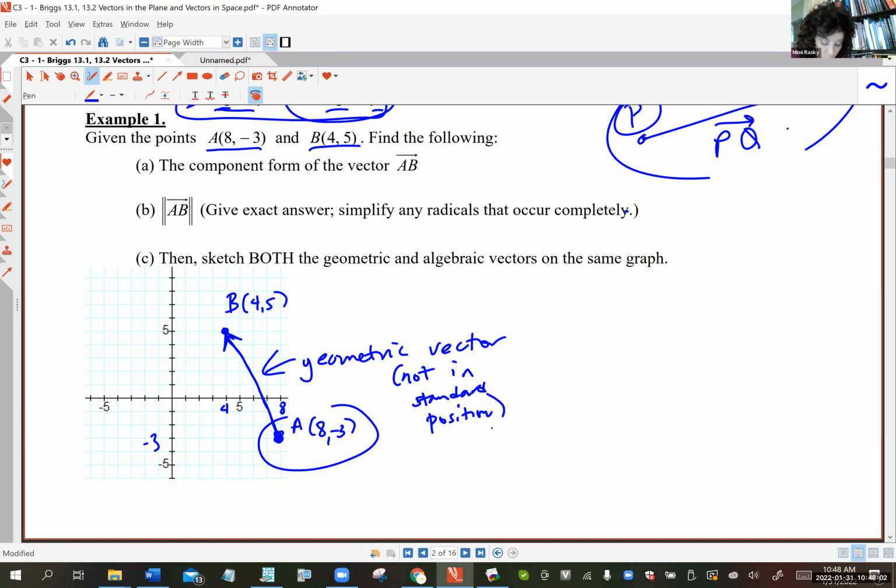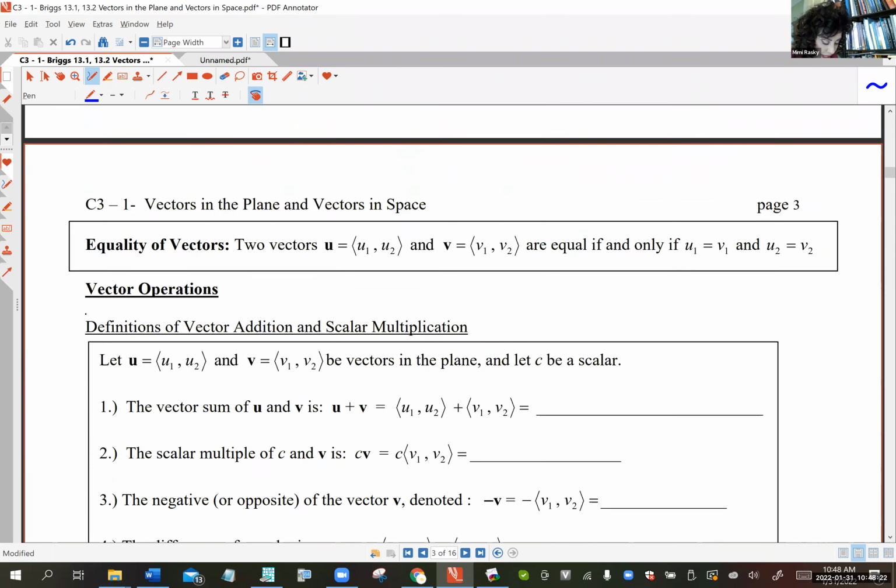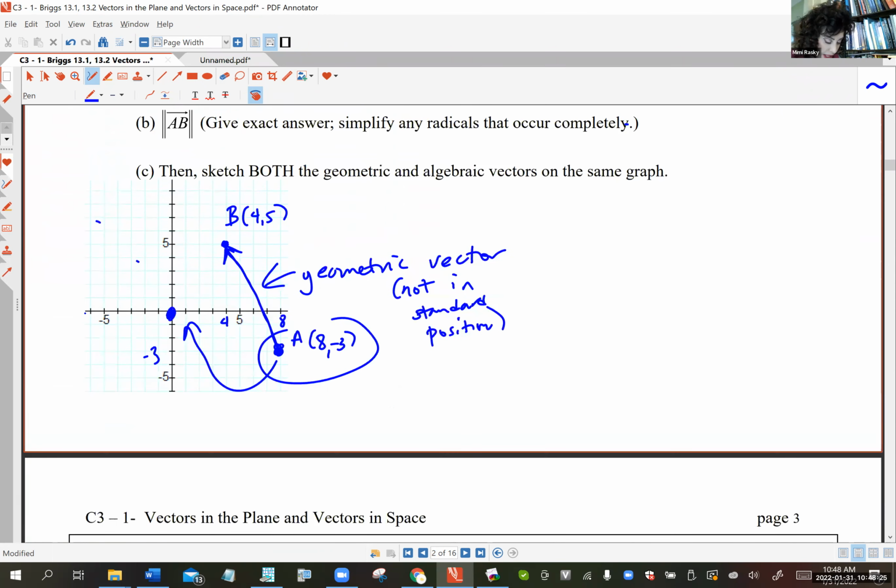Okay, so our goal is that we'd like this vector to be translated, or moved, if you will, so that we lift it up and stick it where A ends up right here at the origin, and then B will be somewhere over here, so it's still going to point in the same general direction. So the question is, we know that we want A to get moved over here to 0, 0. That's by definition standard position.